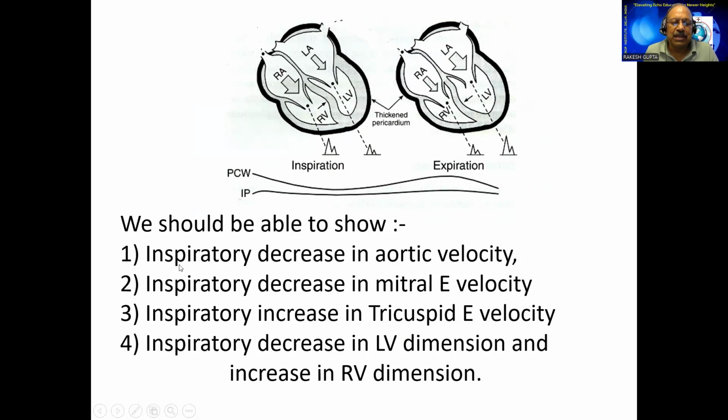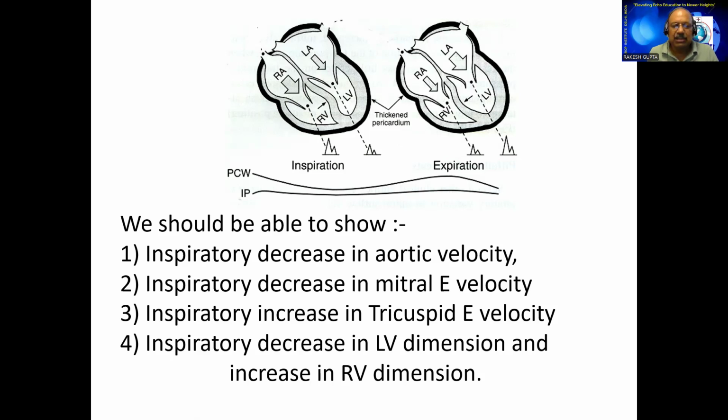If I put it together, with inspiration, the tricuspid and pulmonic velocity will increase and RV size will increase. On the other hand, mitral and aortic flow velocity will decrease and the LV size will decrease.